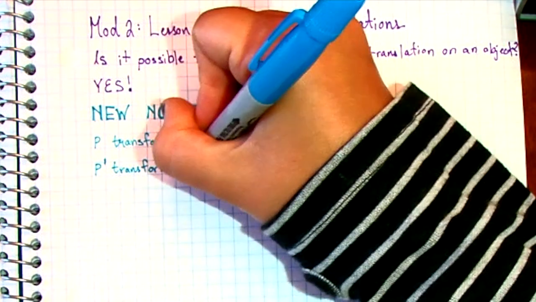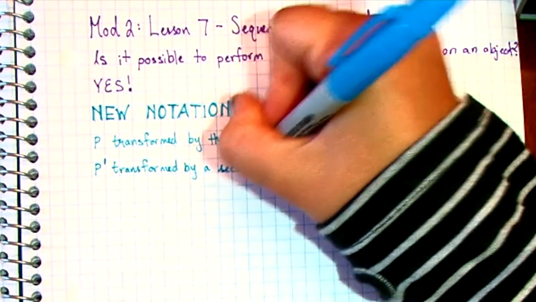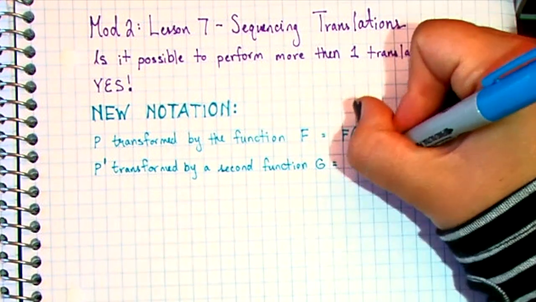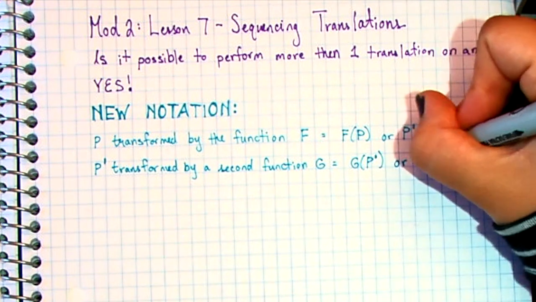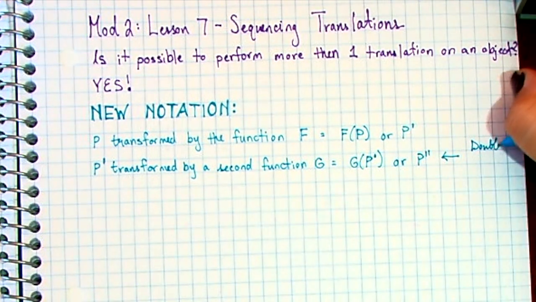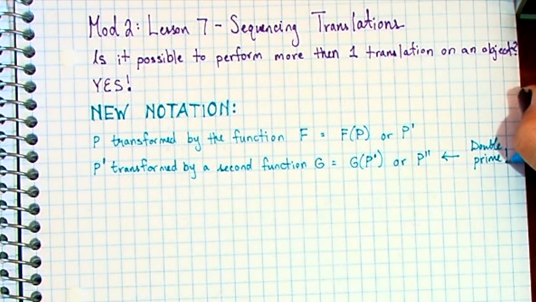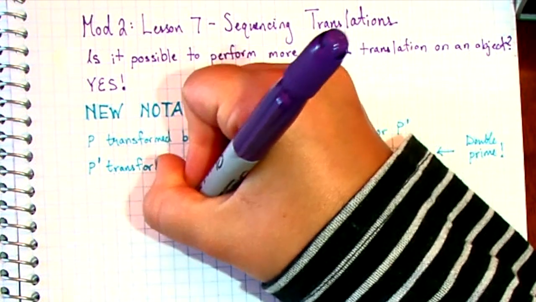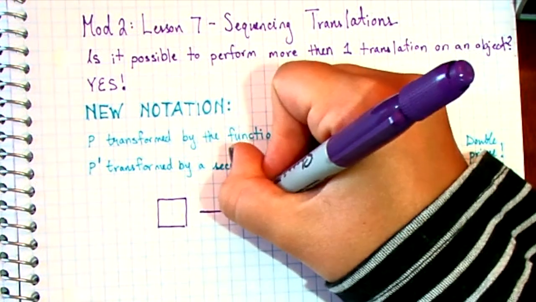But let's say we had p prime and we wanted to transform it a second time by the function g. I'm just using g because it's different from f. So the function g of p prime or p double prime. So I'm looking at 1 prime for one translation, 2 primes for two translations. So if I had 4 translations, I'd probably end up with 4 primes.